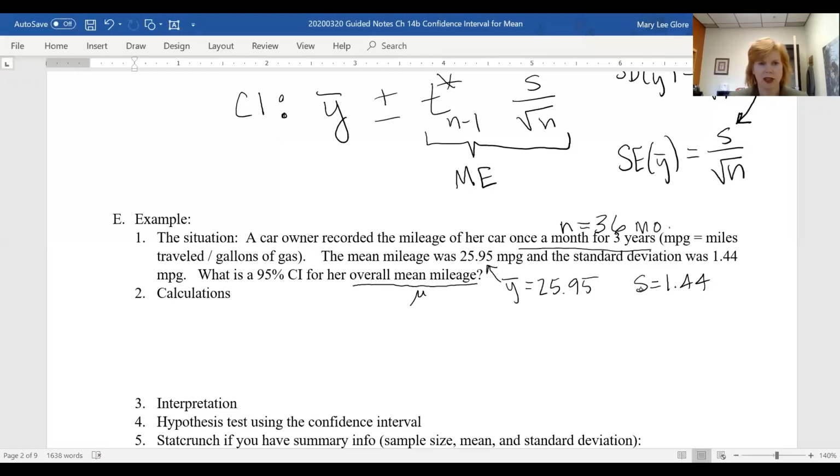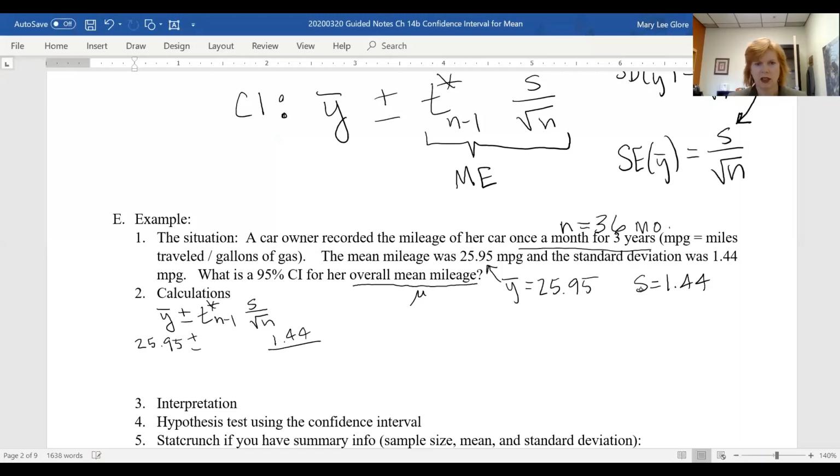So my formula for that is y bar plus or minus T star n minus 1, just like I have up there, times S over the square root of n. All right, so we got y bar, 25.95. We got S, 1.44.